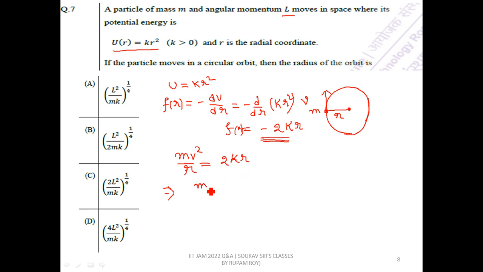So m v square by r equals 2 k r. Here multiply by m r, that is m square v square r square by r, this is equal to 2 k r times m r.